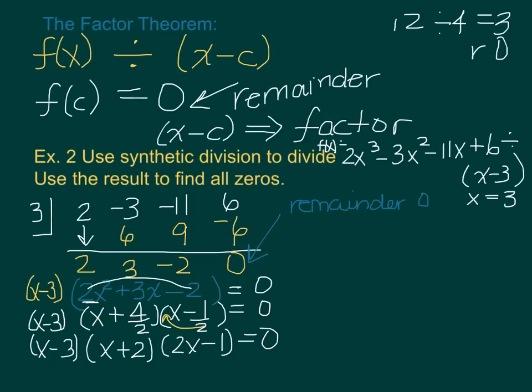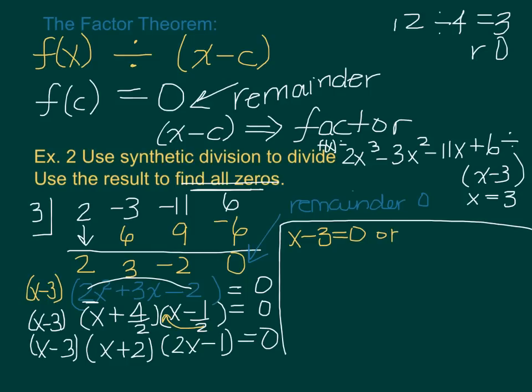So when it says find all zeros, you're going to set each one equal to 0. So we have x minus 3 equals 0, or x plus 2 equals 0, or 2x minus 1 equals 0.